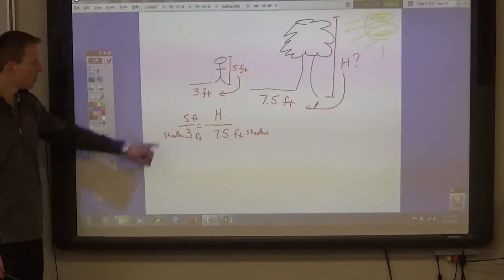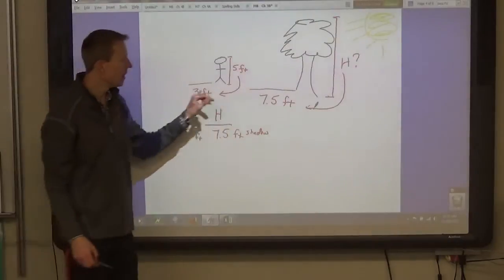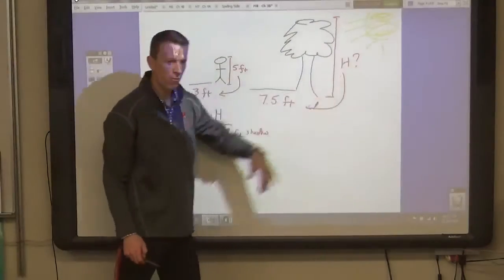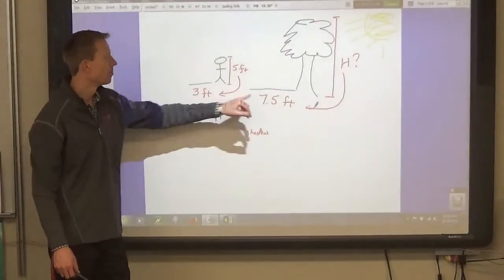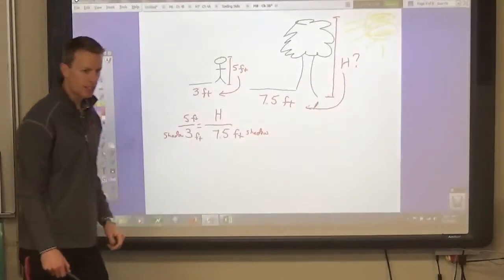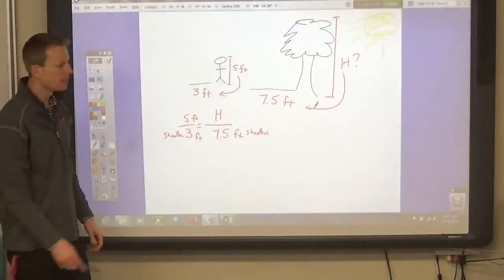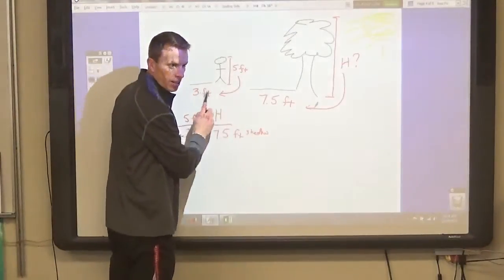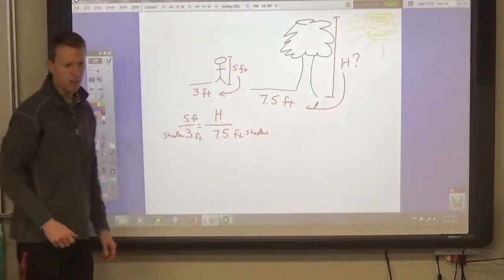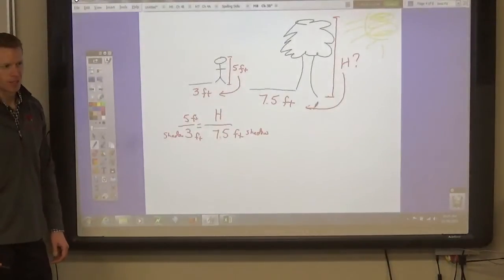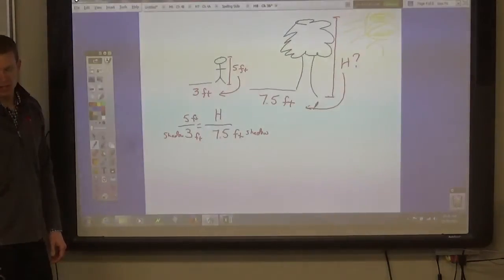No, we can use 3 over 5 is equal to 7.5 over h. Couldn't we put 3 over 7.5 and 5 over h? Yes, we could. Because then we're comparing the proportion of the shadows to the height of the two objects. So there are many different proportions that we can use.